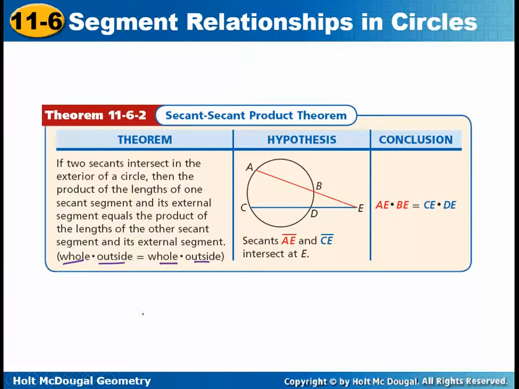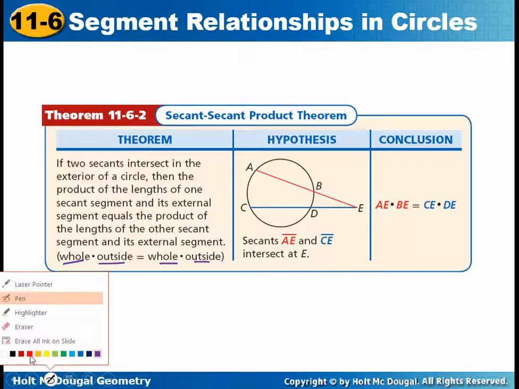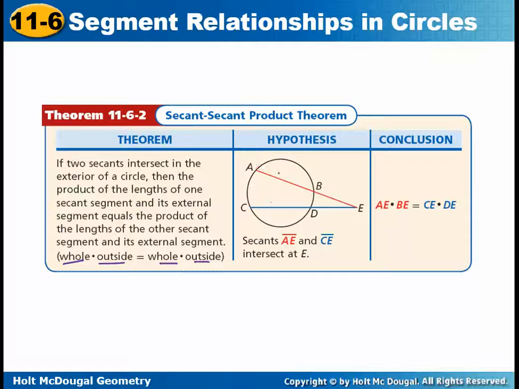Let's look at this. I'm going to do red for the top one, the ABE one. So here's our external part, BE. I'll call it outside like they did. Times the whole, which is both of those parts together.